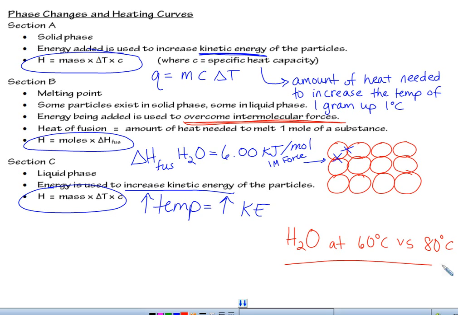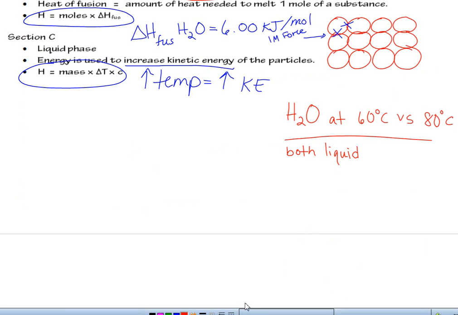I know that anywhere between 0 and 100, water should be the liquid phase. So they're both liquid. Then if they ask, well, what's different? What's different between particles at 60 degrees versus 80 degrees? I would just say, well, at 80 degrees, the particles have more kinetic energy.